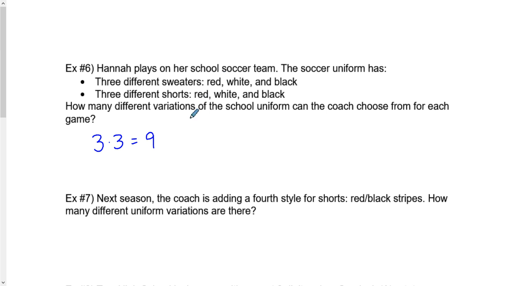So 9. In the next season, you're adding a 4th type of shorts, red with black stripes. 3 times 4. So we're just going back to that basic. You're looking at the options. How many options do you have for top? How many options do you have for shorts?